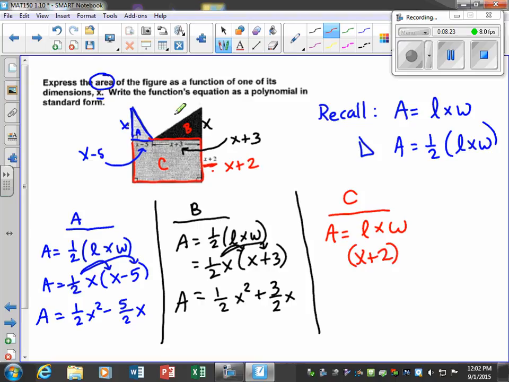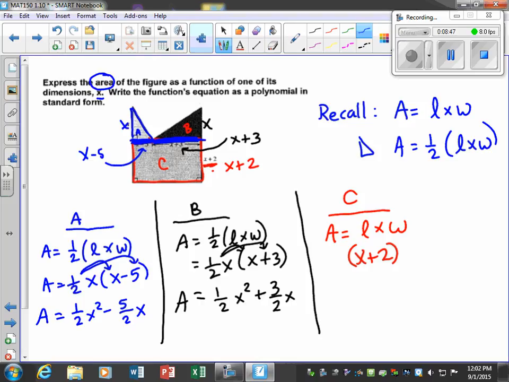We need to determine this portion up here, from here all the way across. If this part from here to here is x minus 5, and here to here is x plus 3, what do we do with those two? Add them together, good.